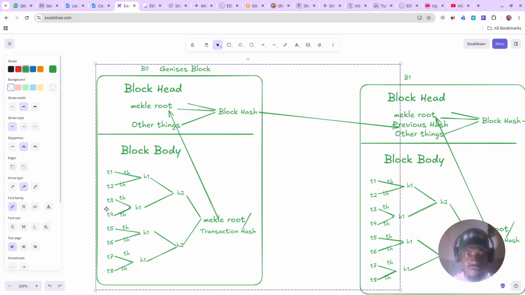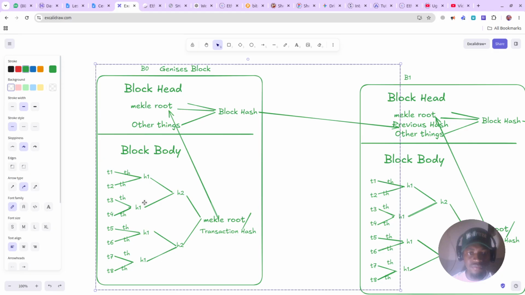Transaction 2 and 3 are also hashed together to produce another hash. Transaction 5 and transaction 6 are both hashed individually. Then the hashes are brought together and hashed to produce another hash. Transaction 7 and transaction 8 are hashed individually, then both of them come together and are hashed to produce this hash.